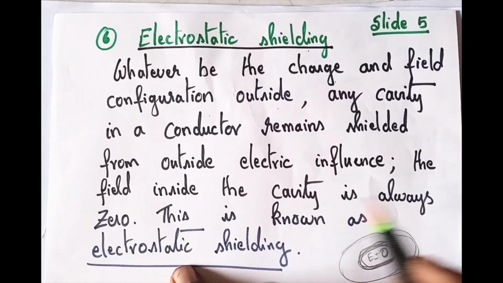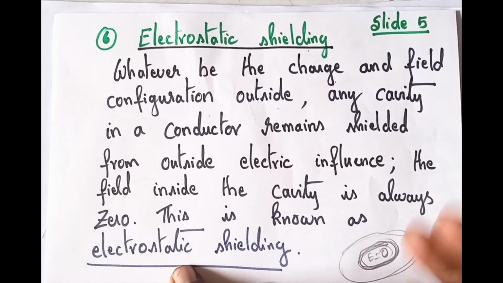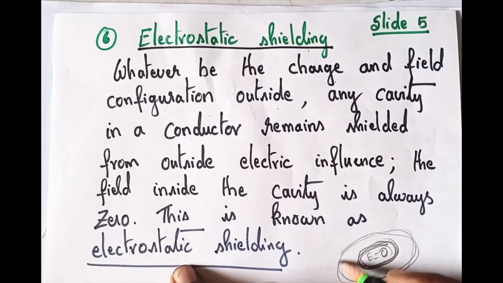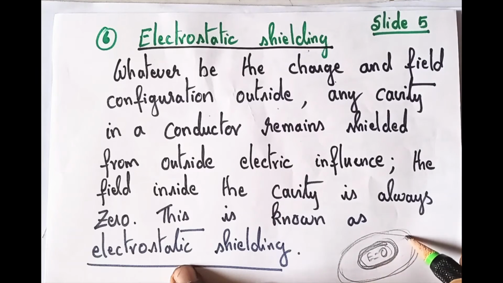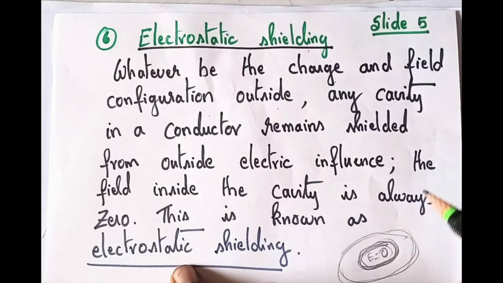Suppose you want to protect some highly sensitive circuits from an outside electrostatic field which is going to affect that system, then you can always take a conductor and place the system inside. So even if the outside field tries to attack the cavity, it is not allowed to go inside the conductor.